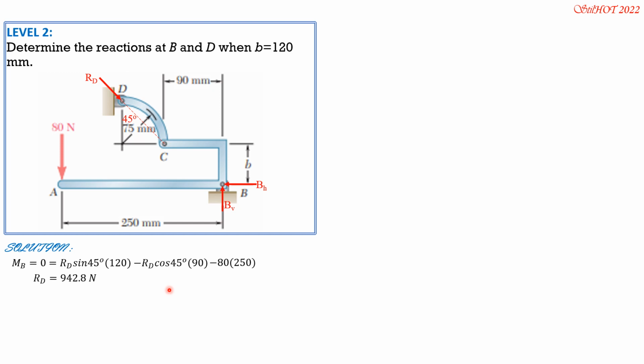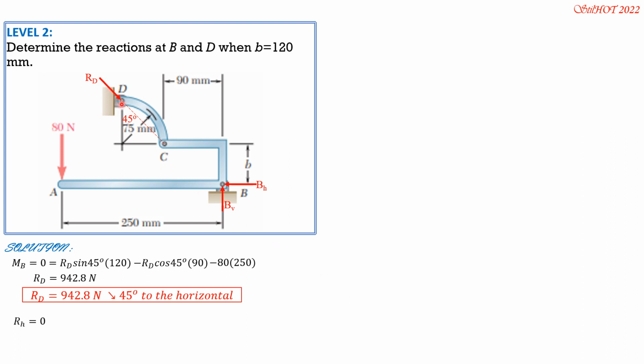So our answer for RD is 942.8 newtons directed down to the right at an angle of 45 degrees to the horizontal. Always put the angle from the horizontal when you answer. Then RH is 0, or the horizontal component of the resultant is 0.